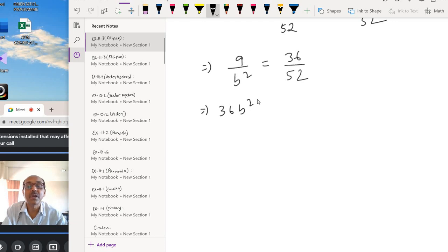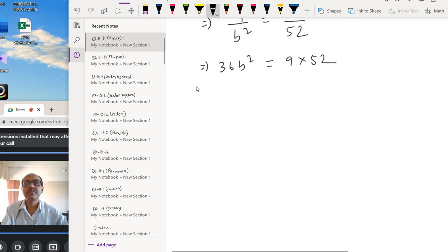36 b square equal to 9 into 52. So b square equal to 9 into 52 by 36.